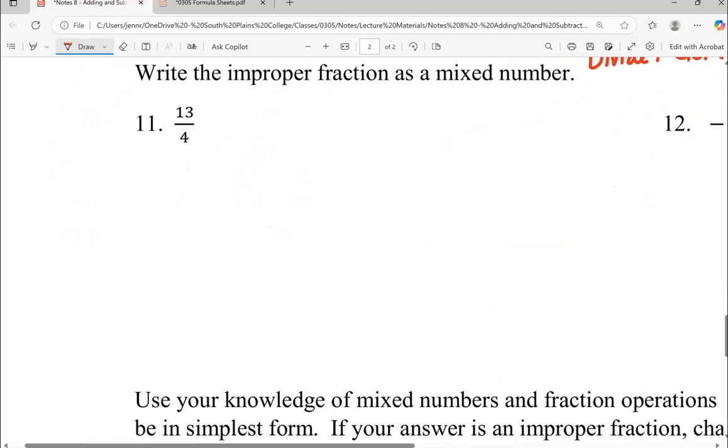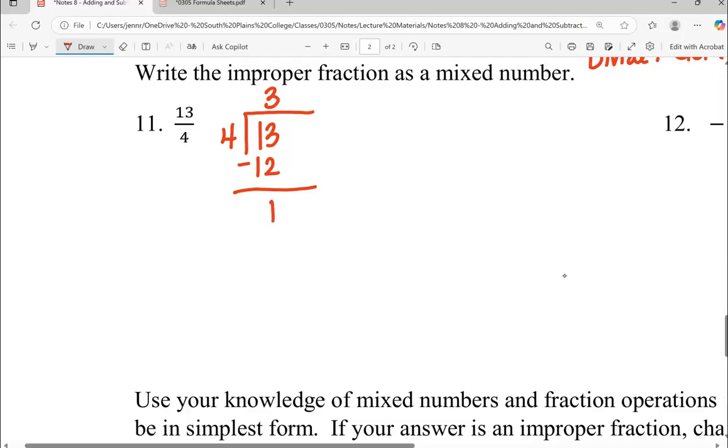So if I'm going to divide, remember the top number goes inside the house, and I'm dividing this into 4 parts. So 4 goes into 13 3 times, which uses up 12 out of my 13 parts. 13 minus 12 is 1.